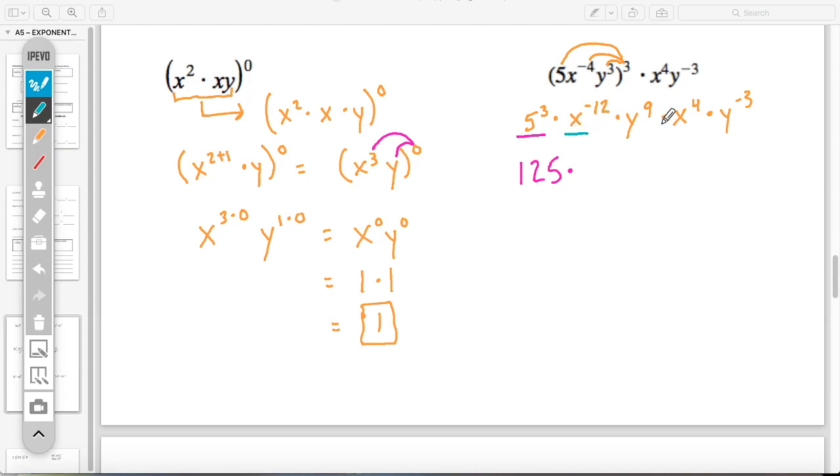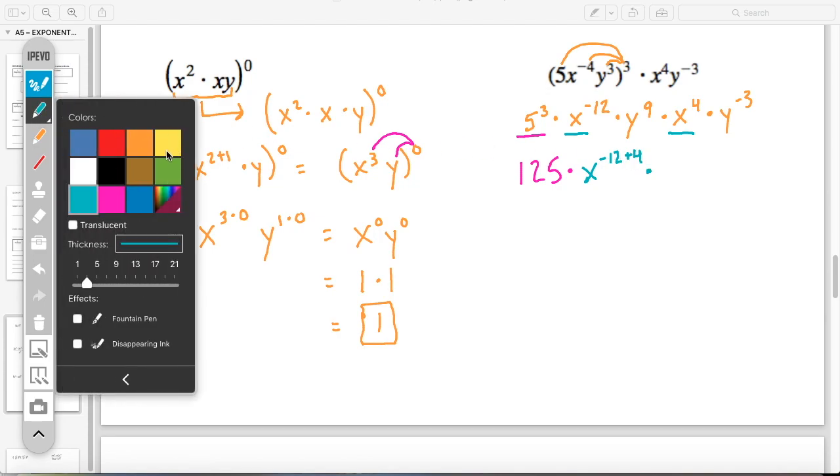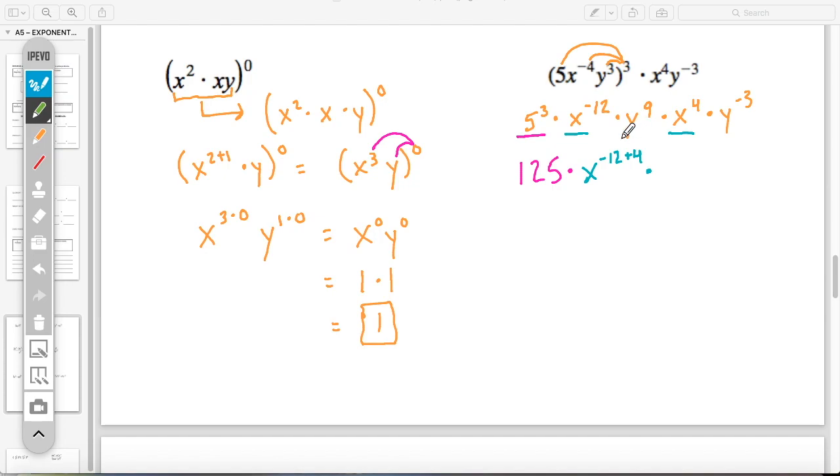I have x to the negative 12th and x to the 4th, so that's the same thing as x to the negative 12 plus 4. Now I'll do my y's. Y to the ninth and y to the negative third, so I have y to the ninth plus parentheses negative 3.